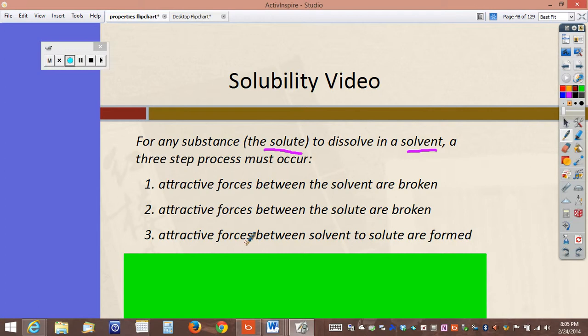Then we need to form attractive forces from solvent to solute. This has to be a great enough change that it can overcome the energy required to do this. If this is not a big enough overall change, then it won't be worth it to the solvent and the solute to break apart.